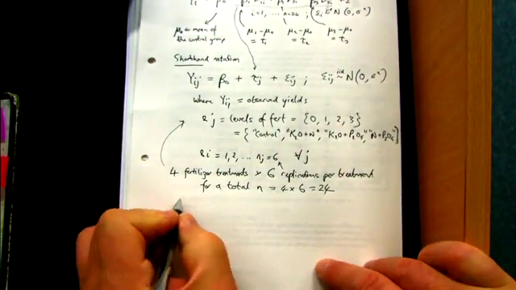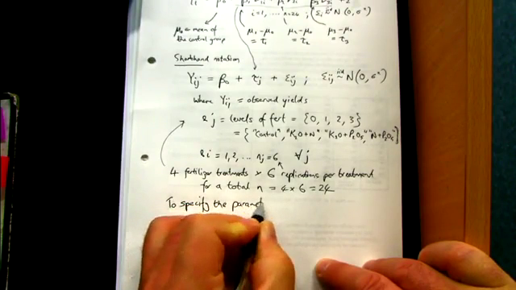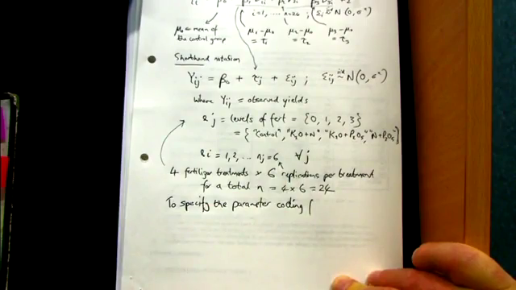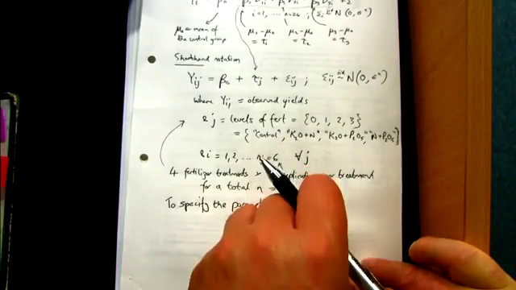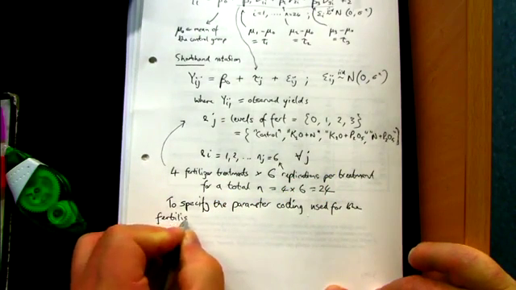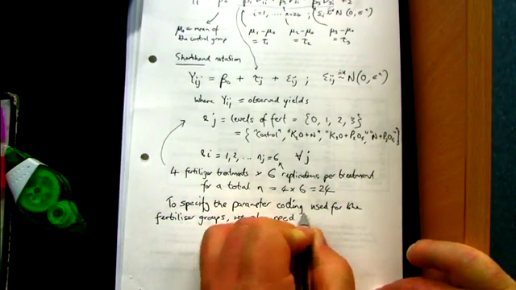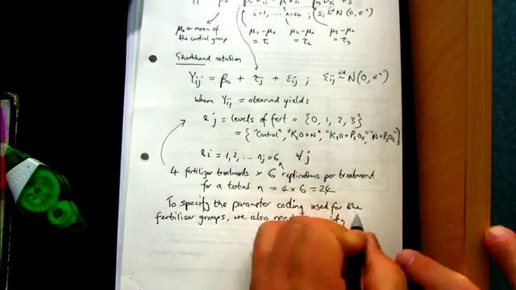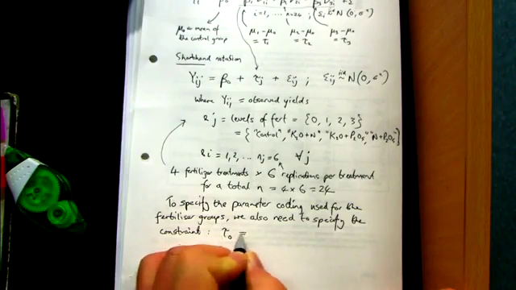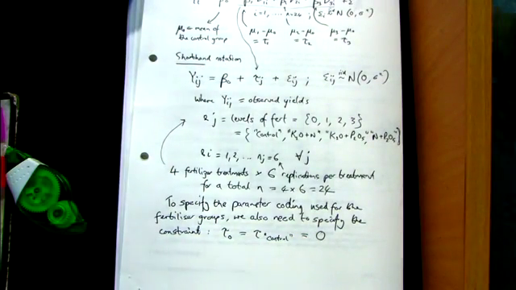So, to specify the parameter coding used, we also need to specify the constraint. Okay. And in fact, that's a complete description of what we did.